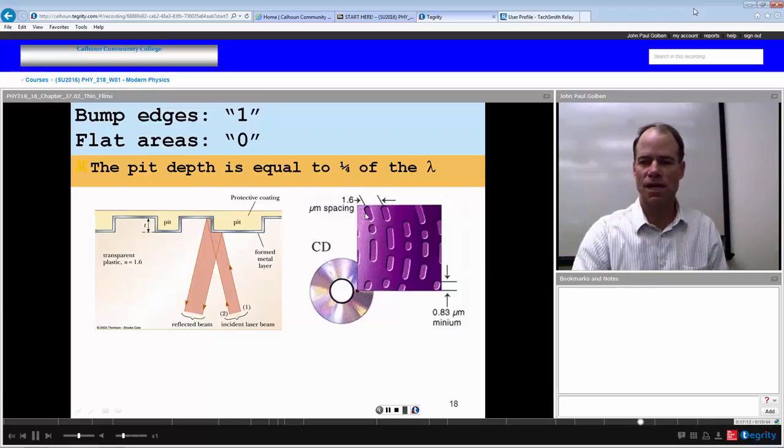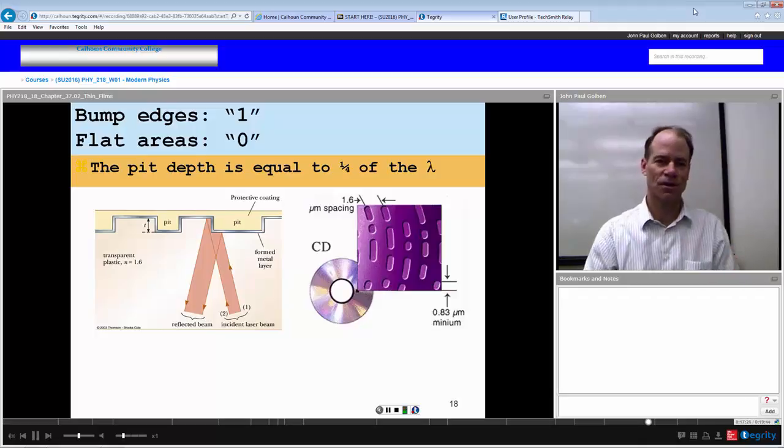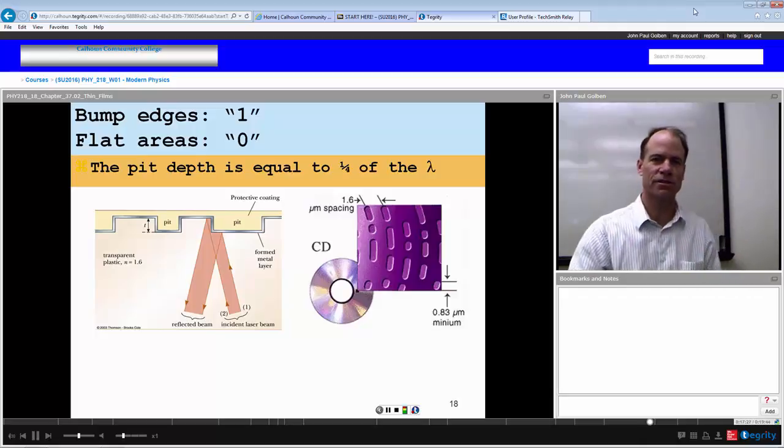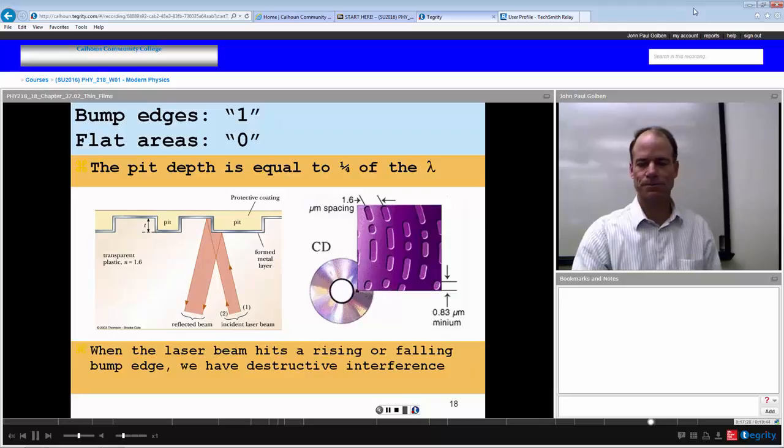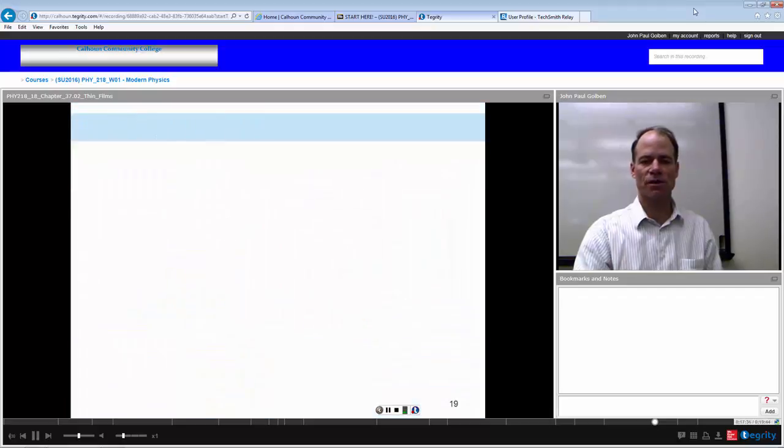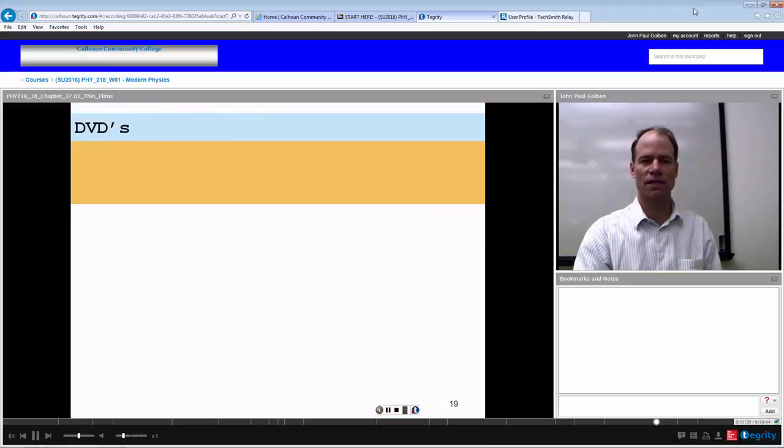So as you're timing this: 0, 0, hit the edge, a 1, edge 1, 0, edge 1, and so forth as you go across the flat planes. And that gives you a code for recording all this digital data. So all the bump edges are recorded as 1s, all the flat planes are 0s.